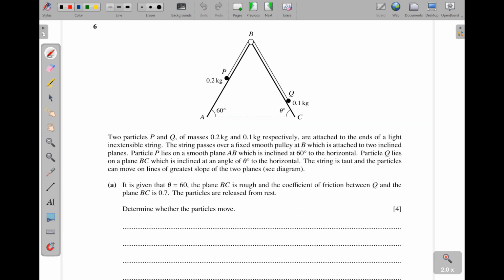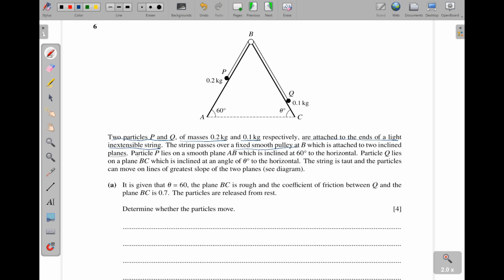Question 6. Two particles P and Q of masses 0.2 and 0.1 kilograms respectively are attached to the ends of a light inextensible string. That means it cannot be stretched and its mass is negligible. The string passes over a smooth fixed pulley at B, which is attached to two inclined planes.